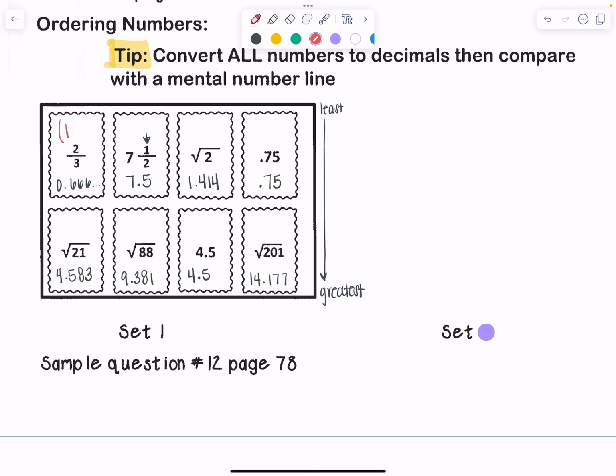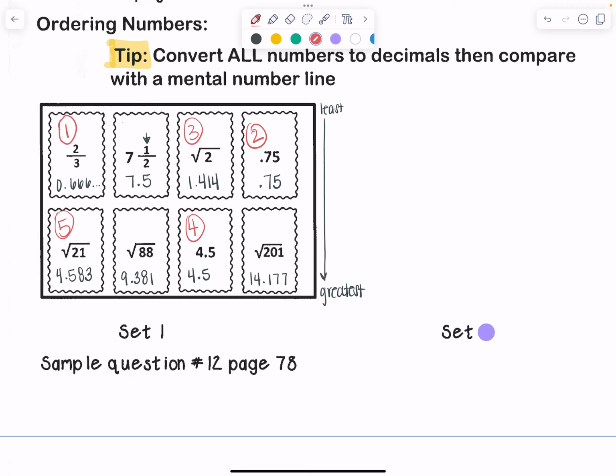So that is going to be the least. The next smallest number, 0.75. The next smallest, it looks like, is 1.414, or the square root of 2. And then the next smallest is going to be 4.5, and then 4.583.